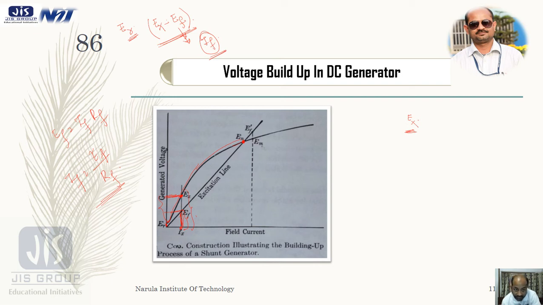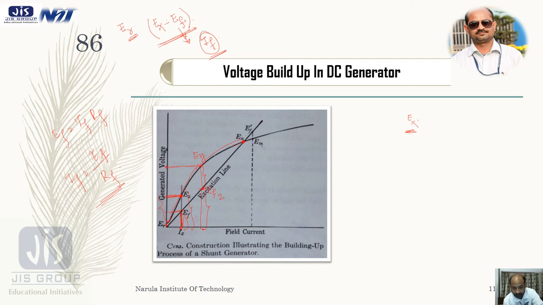Now as long as this difference exists, suppose I take this point here, EY, and this is my EF2. This EF2 is sufficient to overcome the field resistance drop, but the extra amount will increase the current, which increases the induced EMF, which increases the induced voltage, and this process goes on as long as this difference exists.